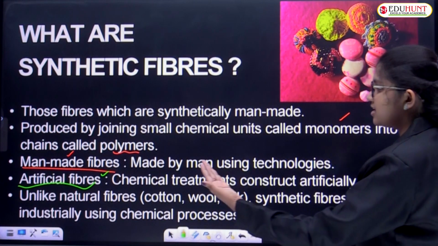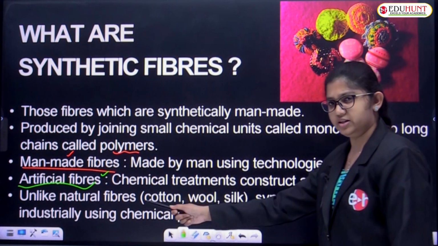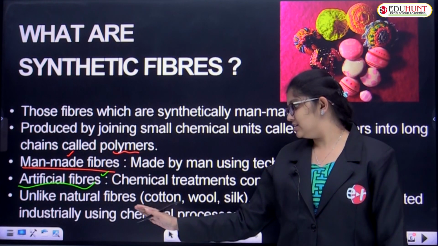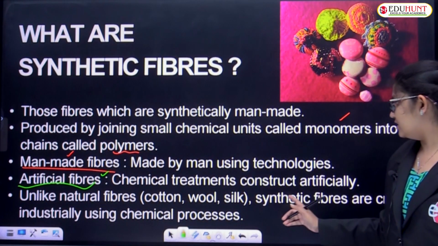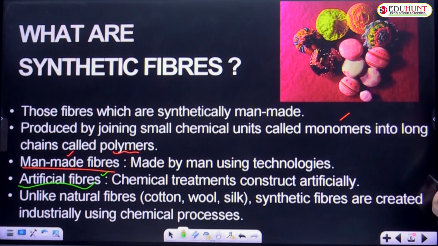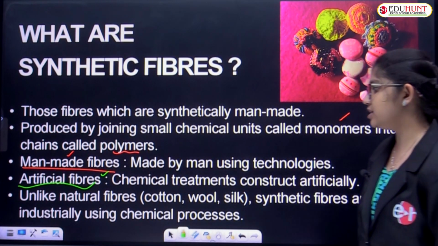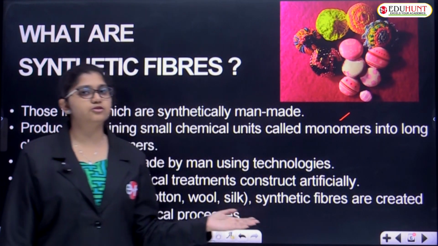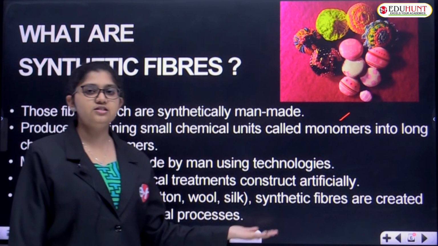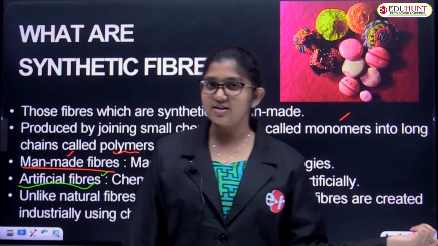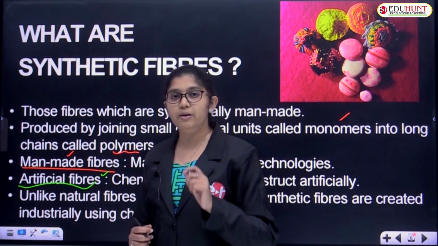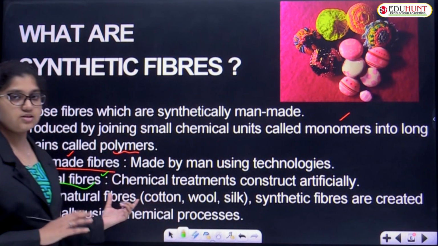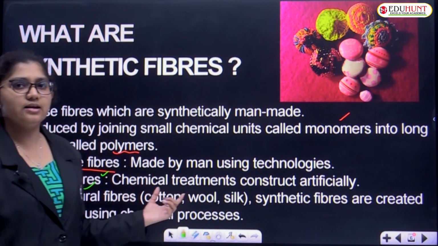Next, unlike natural fibers, which means cotton, wool, silk, all of which come under natural fibers, synthetic fibers are created industrially using chemical processes. Only these synthetic fibers are industrially prepared, using textile industries, and chemically processed. But natural fibers do not go through that chemical processing.